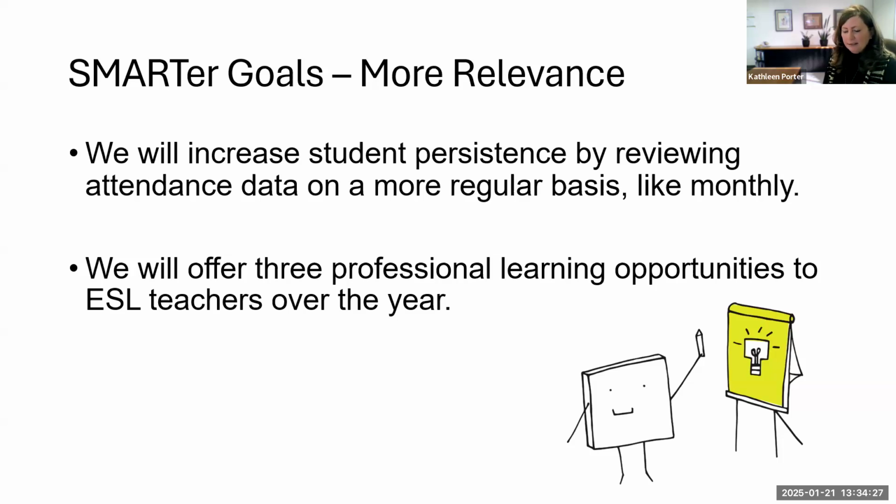Yes. So you could write a SMART goal to provide 3 professional learning opportunities to ESL teachers. It could be time bound, though this one maybe isn't as much. It just says over the year.